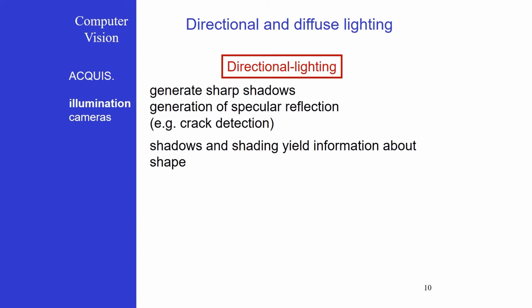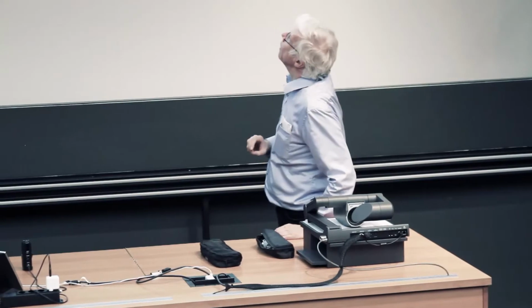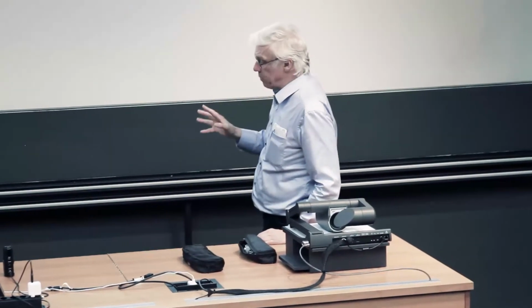Then directional and diffuse illumination. Directional illumination would mean that you have illumination coming from a very particular angle. And that will typically generate rather sharp shadows.